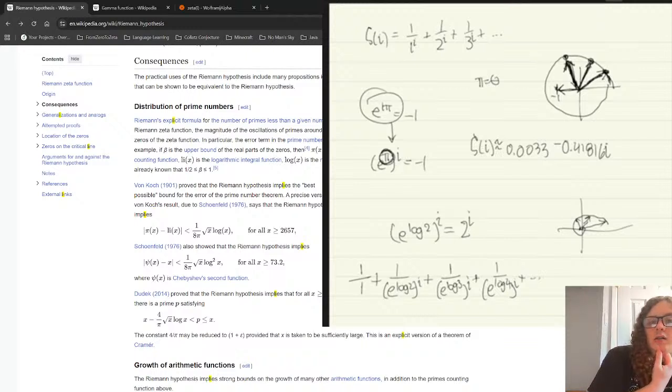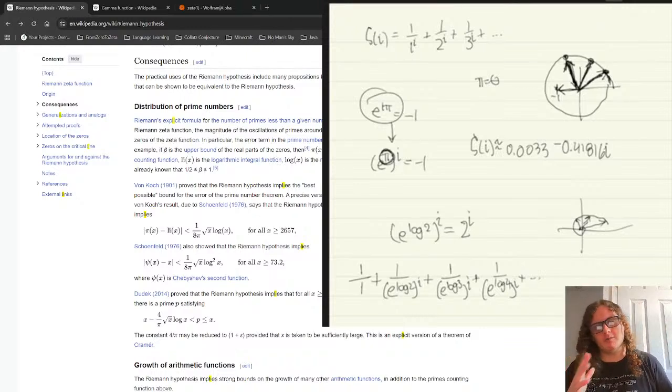Oh, so we know a general distribution of primes, like an average, if you will, and it was shown to be log log x, I think. Yeah.